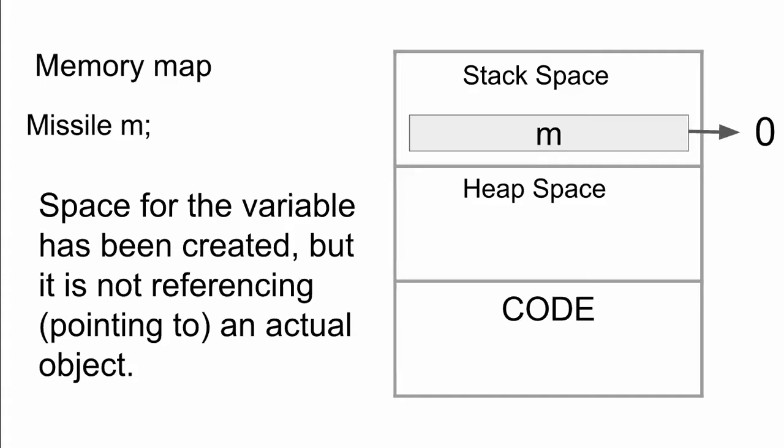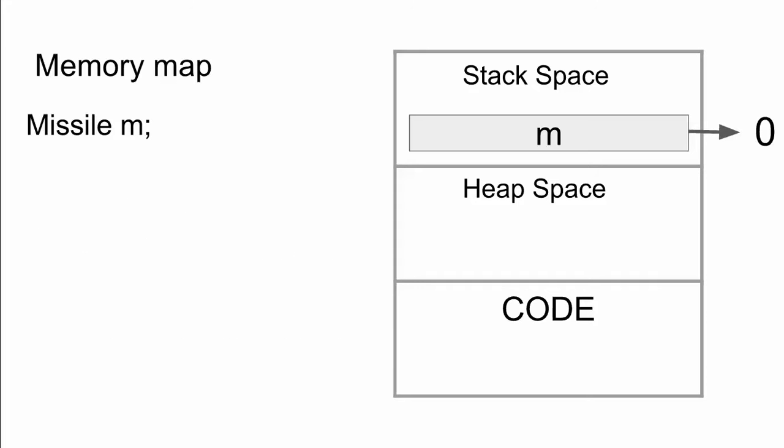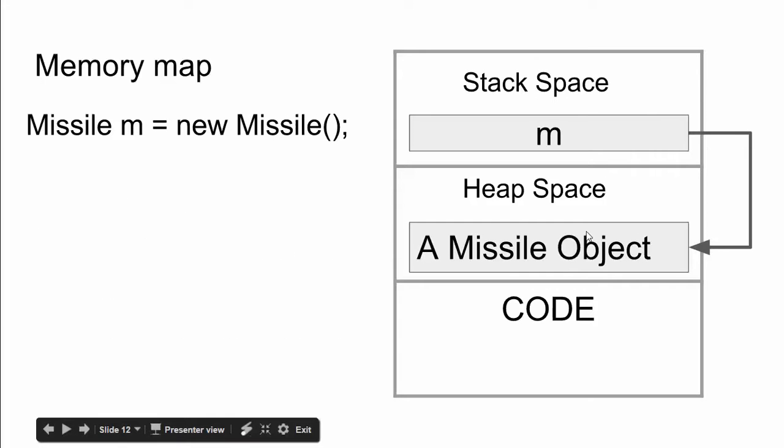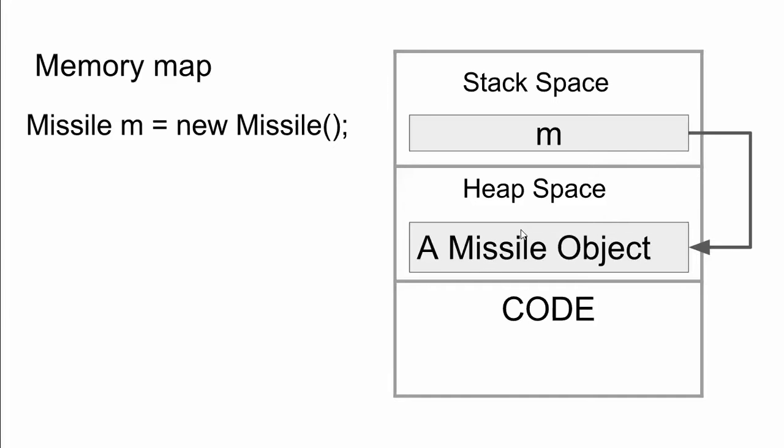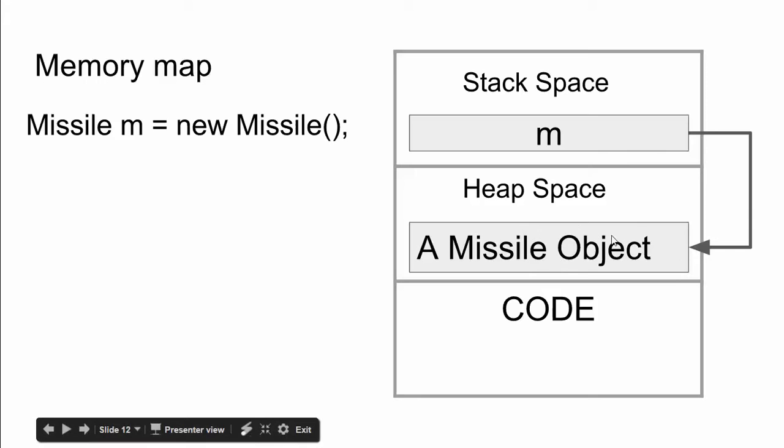So what we now need to do is say missile M equals new missile, and we'll see what happens. When we do that, some memory from the heap is taken and initialized to be a missile object. The constructor is run, and then the location of that object is set in our variable right here. So our M variable now references the missile object in the heap.